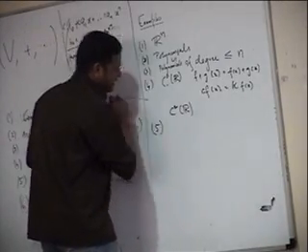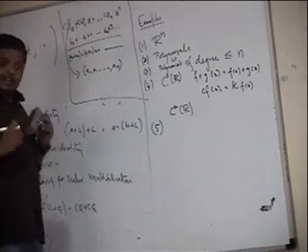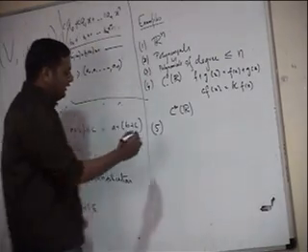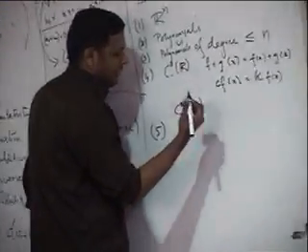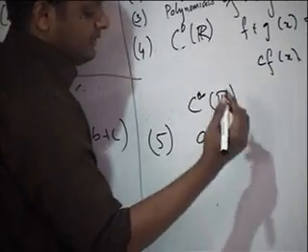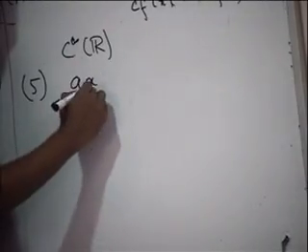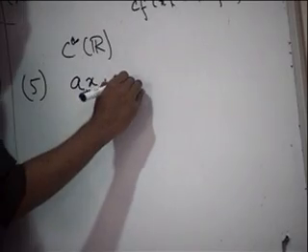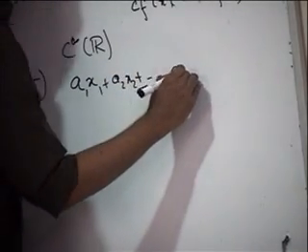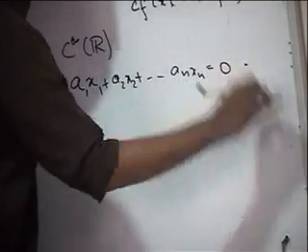Okay. So this is another example. The third example is you look at a linear equation of the form a1 x1 plus a2 x2 plus etc. up to an xn is equal to 0.